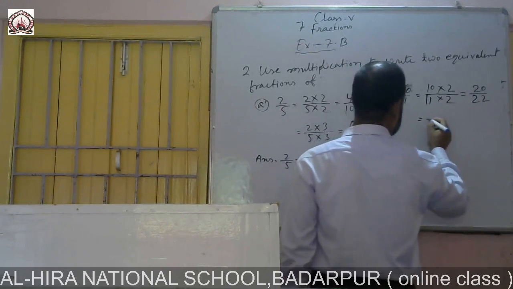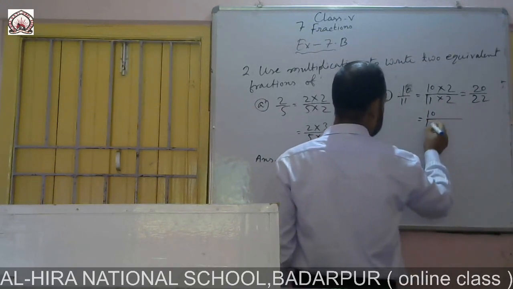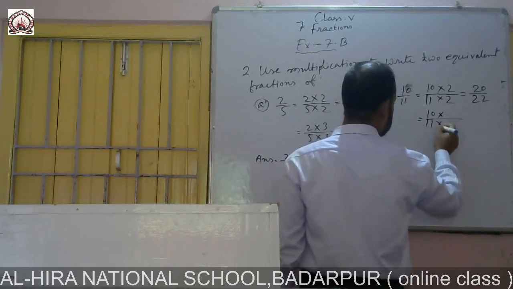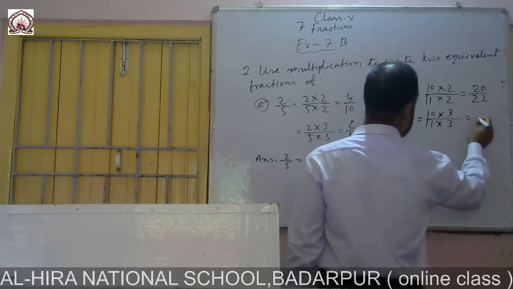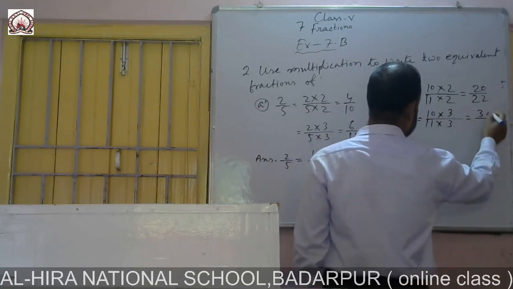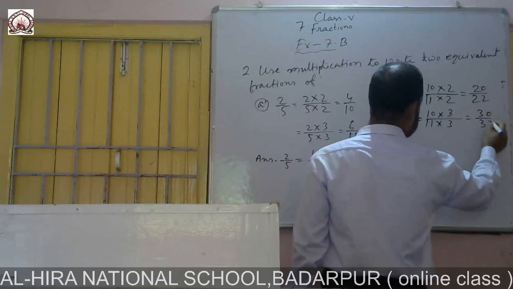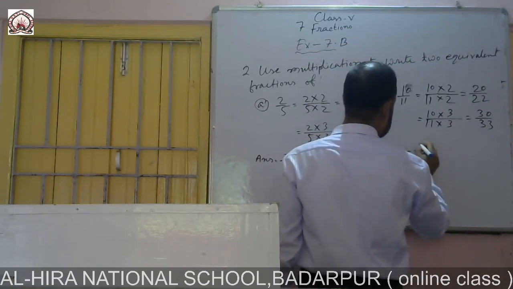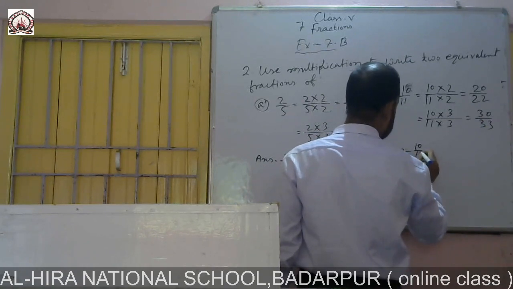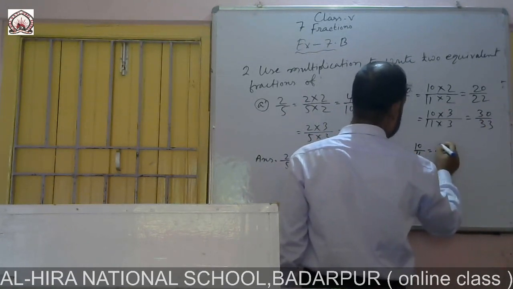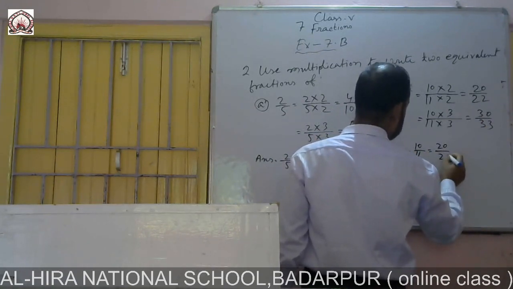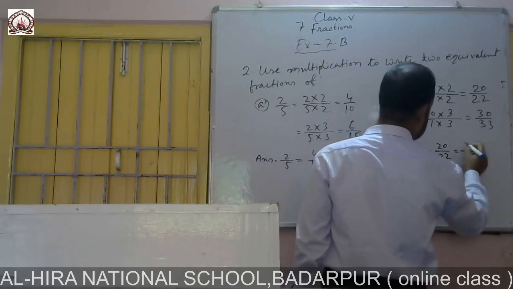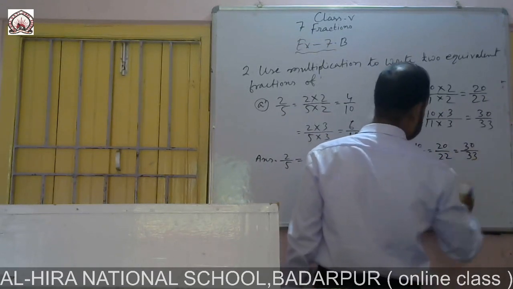Next, 10 by 11 into 3. So 3 10s are 30 and 3 11s are 33. Answer: 10 by 11 equal to 20 by 22 equal to 30 by 33.